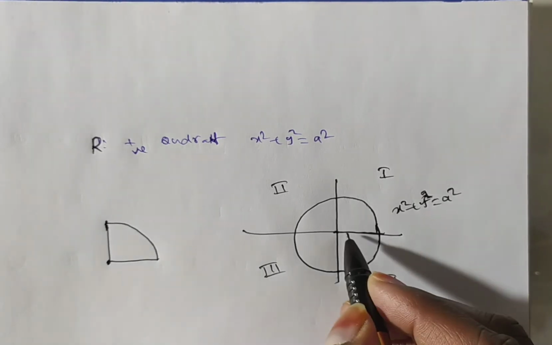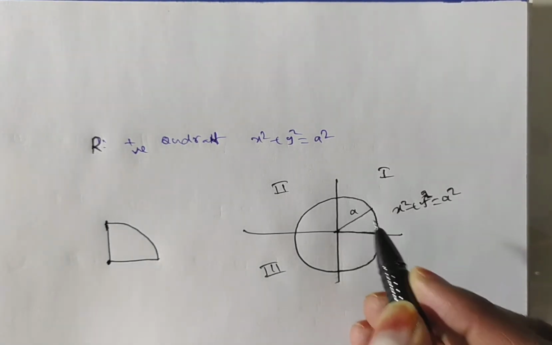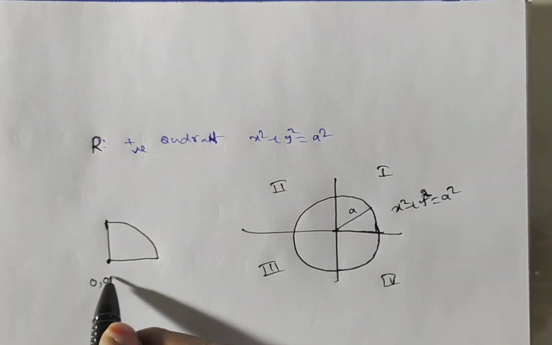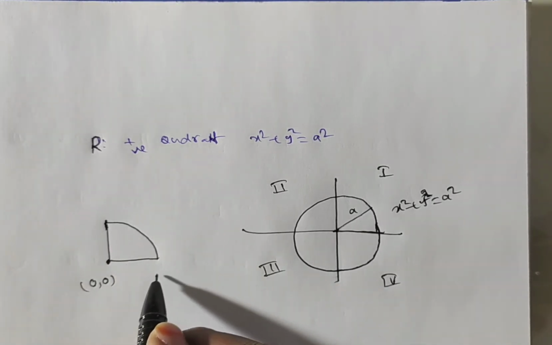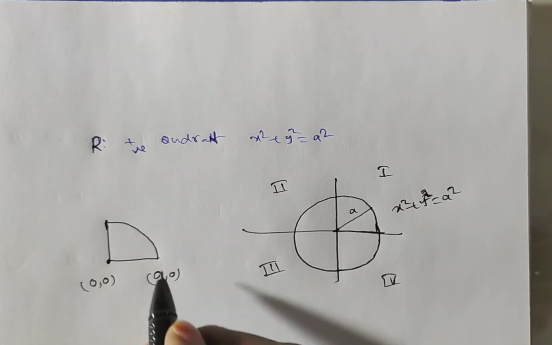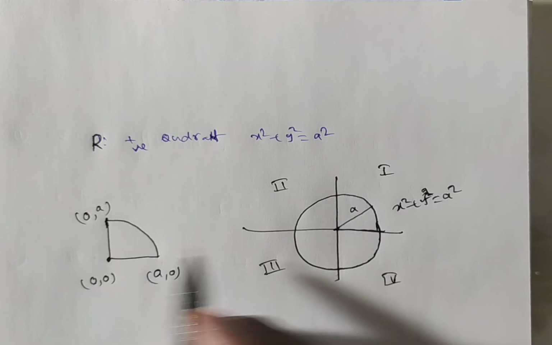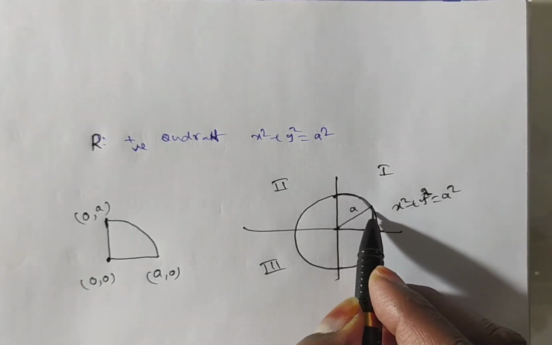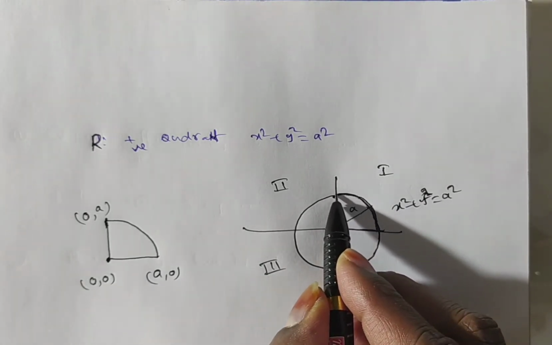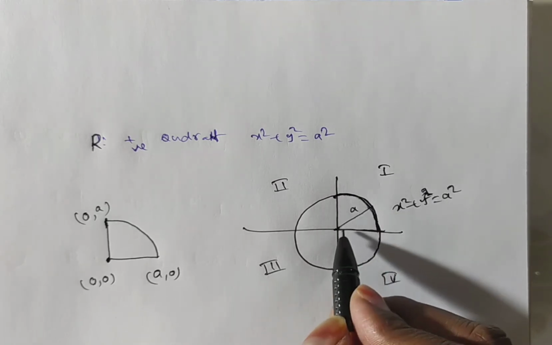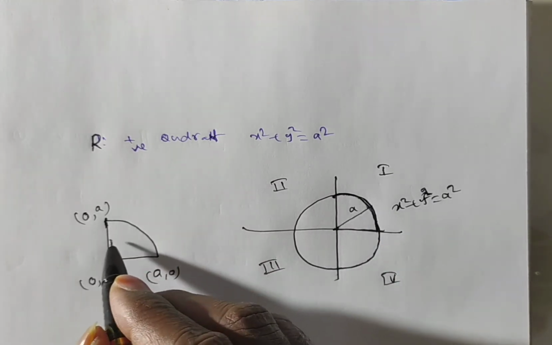Here the radius is a, starting from the origin (0, 0), here you have (a, 0) and here (0, a). So this is the region, the first quadrant of the circle graph, and up to this region only you have to take.